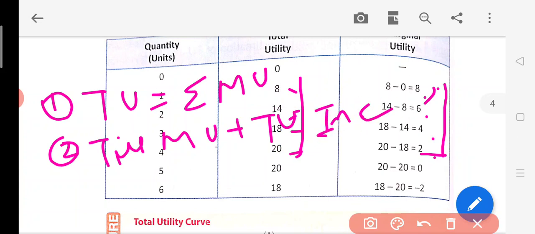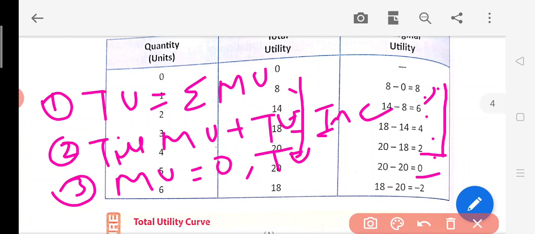It increases. Okay. Then the third relationship, what you can see, when MU was 0, here you can see MU is 0. At the fifth unit, at that time total utility is at maximum.